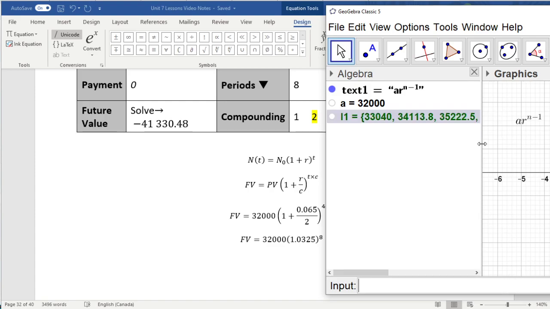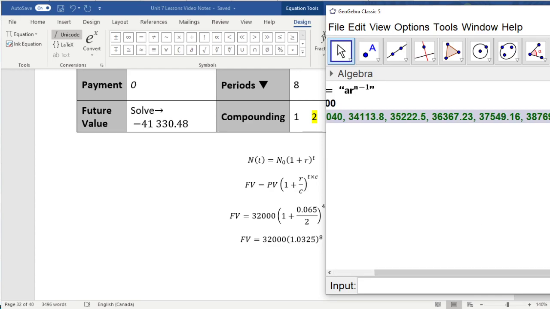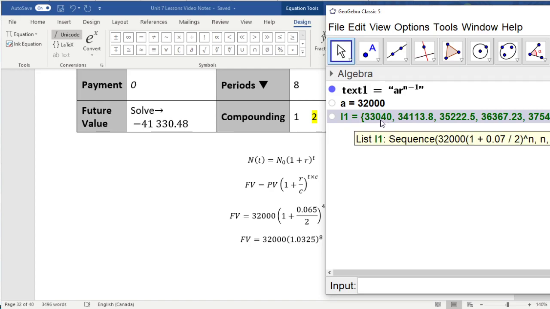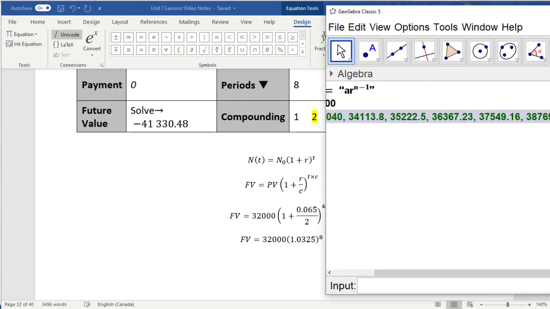Okay, so how much would you owe after 8 terms? You would owe $41,330.48. This sequence is a geometric sequence. It shows you how much you would owe every half a year. So right now, then half a year later, a year later, 2 years later, and then 4 years after that is the $41,330.48.